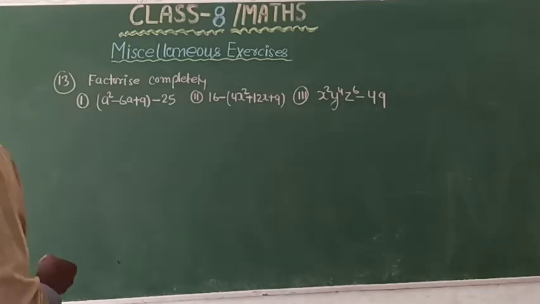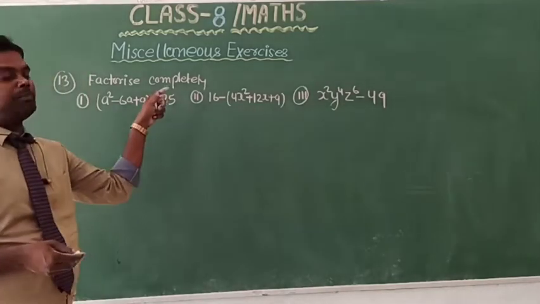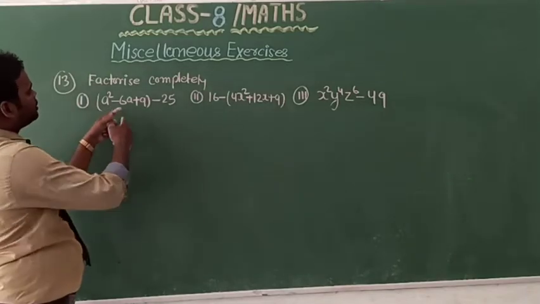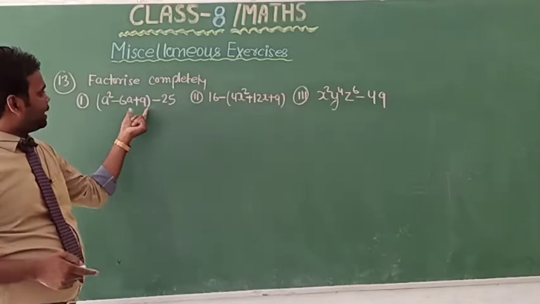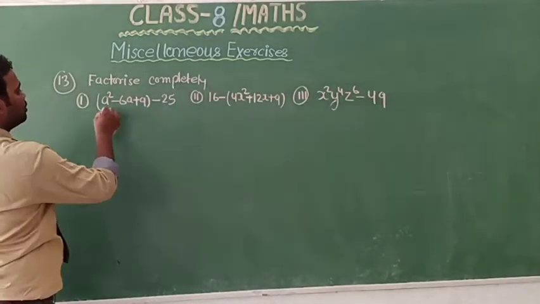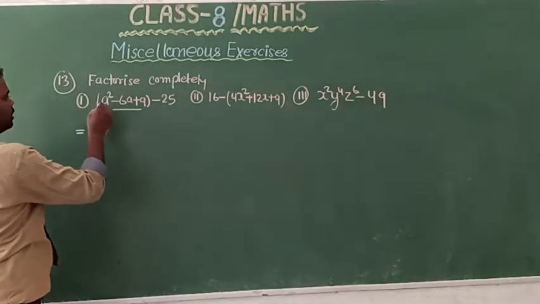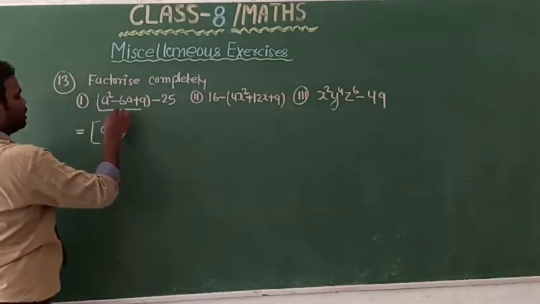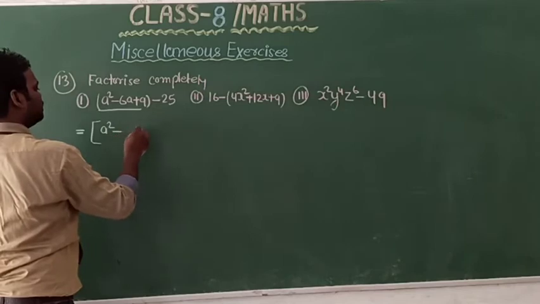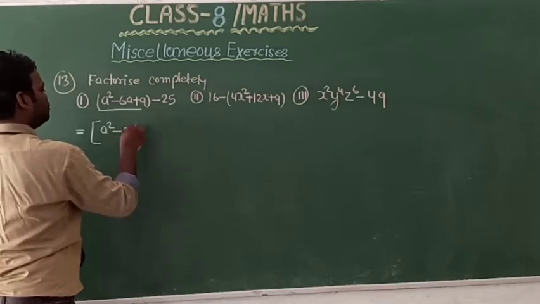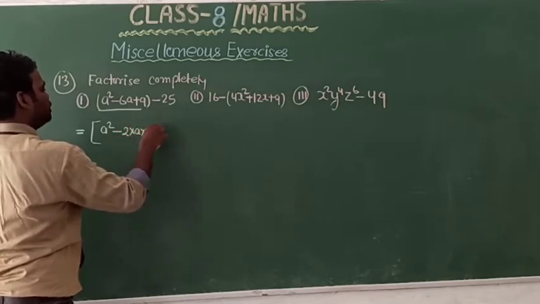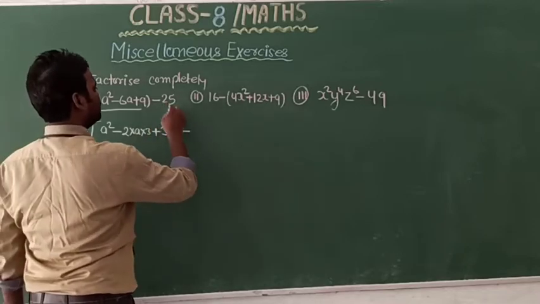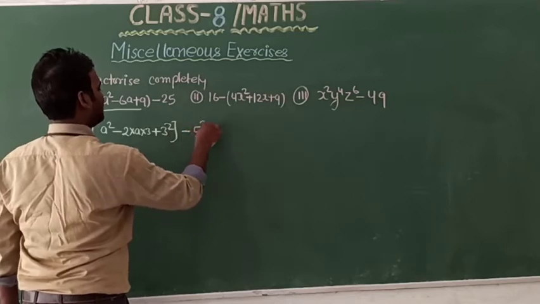Further move to question number 13. Factorize completely. The first part is inside bracket a² minus 6a plus 9, bracket close, minus 25. So this is written as a² plus 2 into a into 3 plus 3² minus 25 as 5².